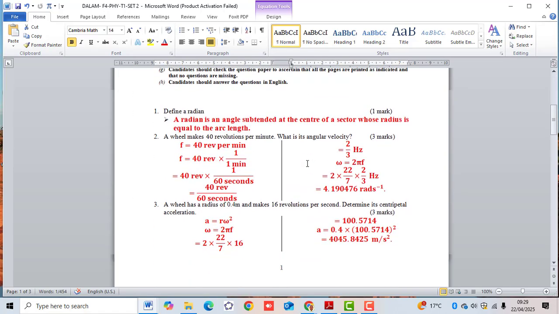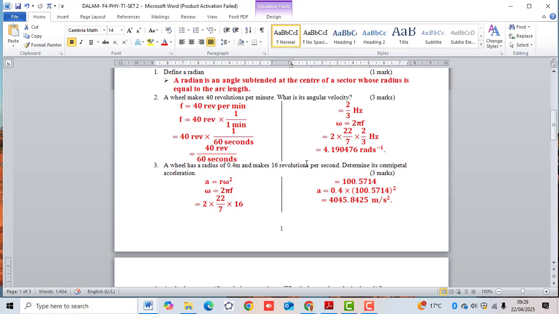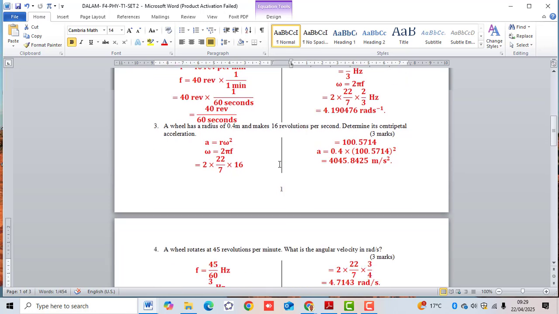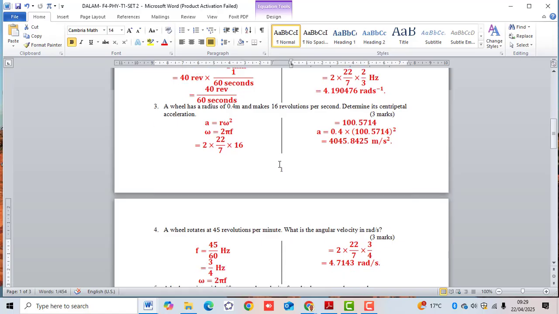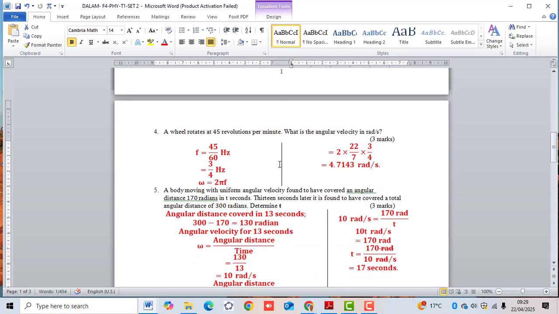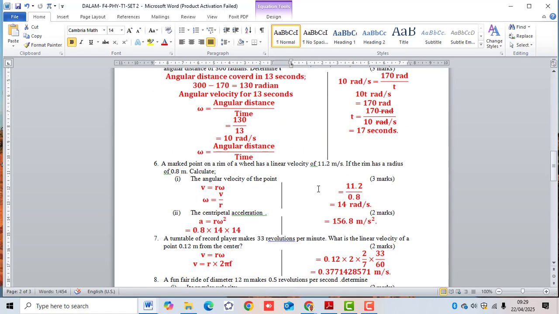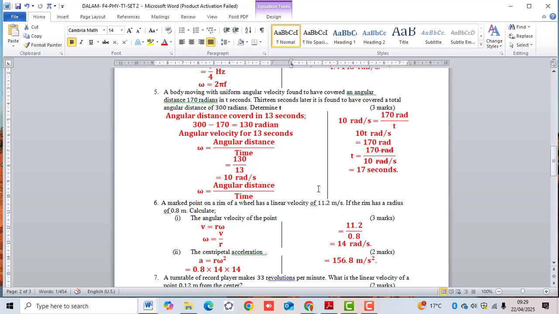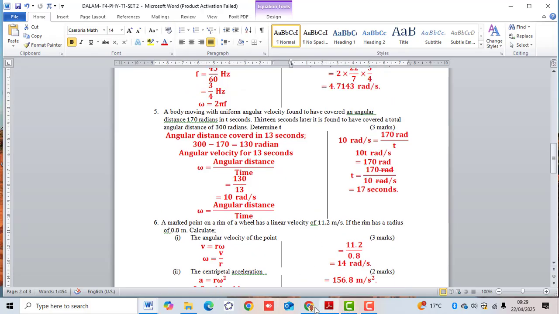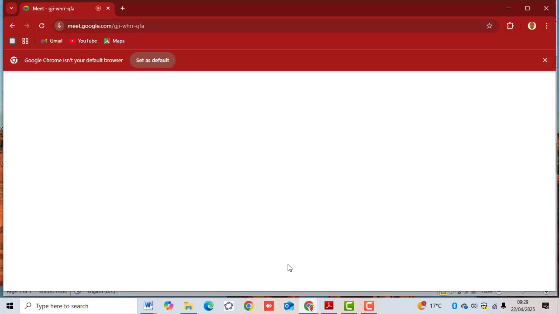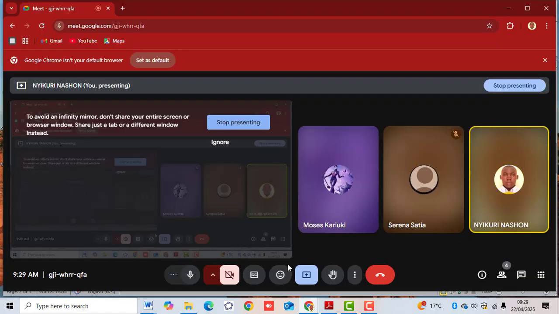I want to call upon students to identify for me where they got a challenge, so that when we meet in our next lesson, we see where we can polish. Which question did you see that could have been a challenge, that made you not score 20 out of 20? Any question with a challenge? Let me start with Moses. Was there any question that you saw a challenge? No. You scored 20 out of 20? Oh, okay, good.